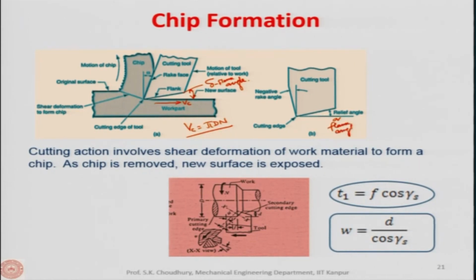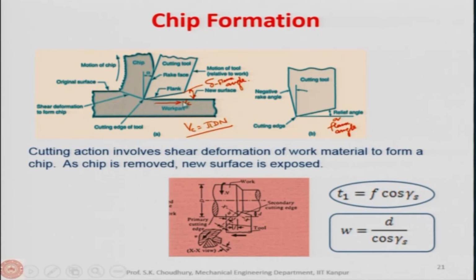So, either it is a relief angle or it is a flank angle, the same angle between the flank face and the already machined surface. This is the line of the edge of the already machined surface. Now, here you can see this line indicates the slip line, and if you remember, I said earlier that the slip line is the line along which the plastic deformation occurs.